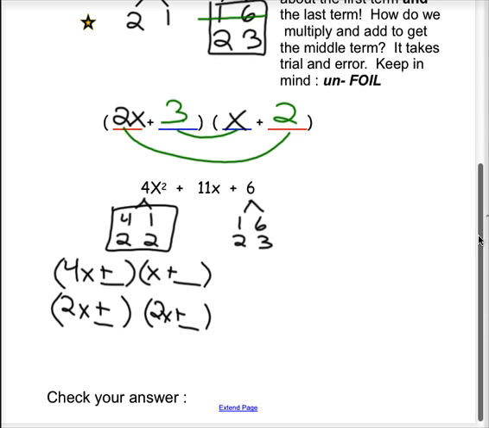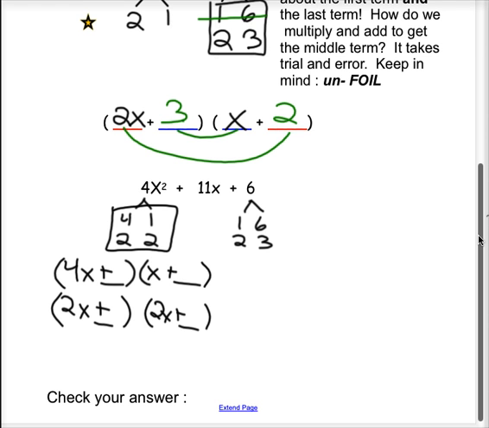Both of those will produce the 4x squared that we're looking for. So I'm going to choose one and run through every possibility of those factors of 6. Then if none of those turn out, I'll switch to the other one and begin running through all of those factors of 6.